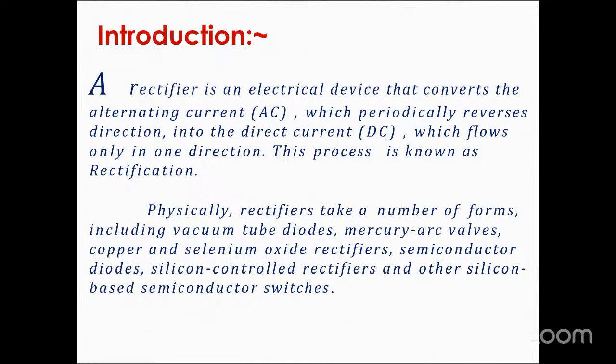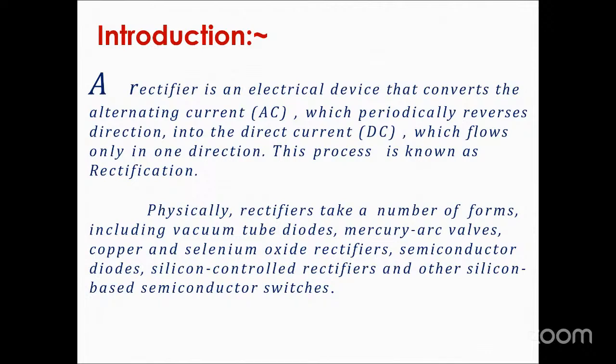Now, the rectifier. A rectifier is an electrical device which converts AC, pulsating alternating current, which fluctuates up and down and periodically reverses direction, into direct current. With no fluctuations, a constant output, direct current flows in only one direction.